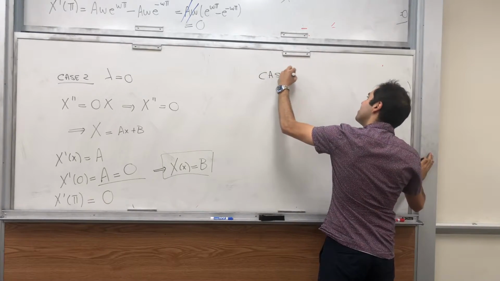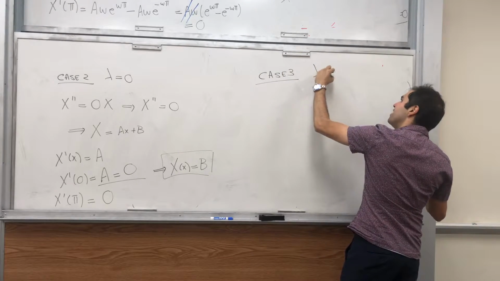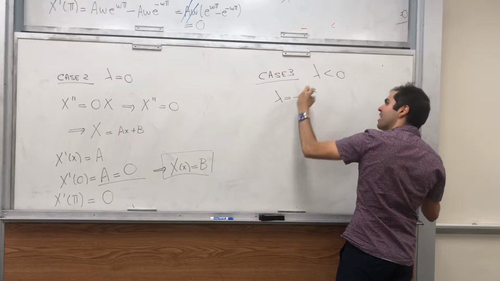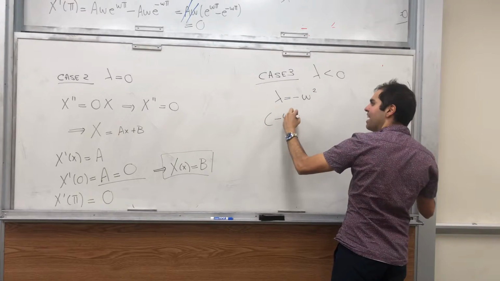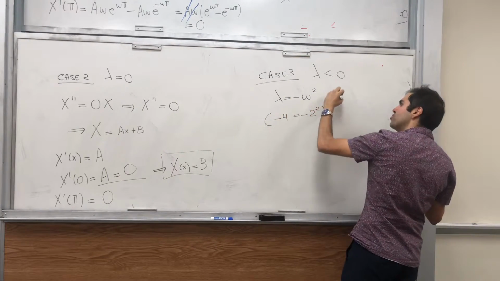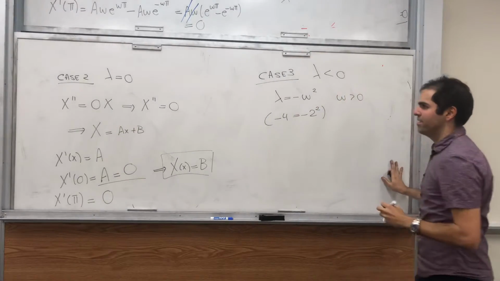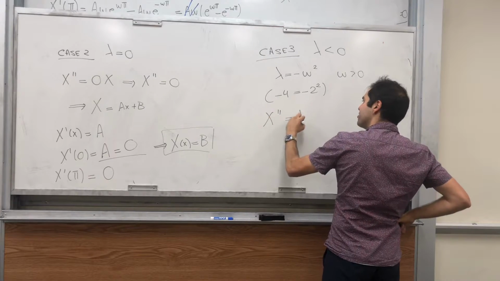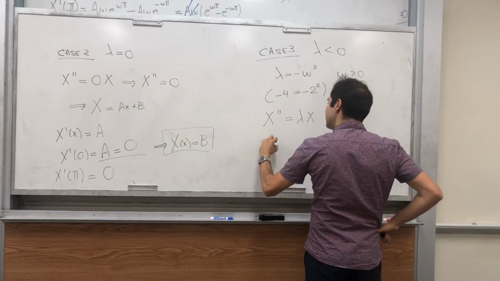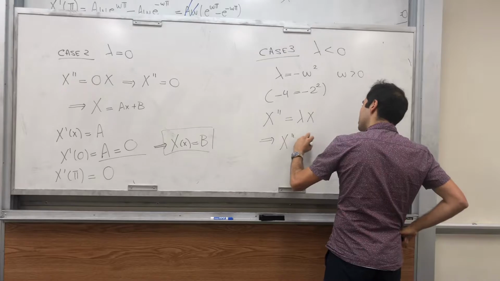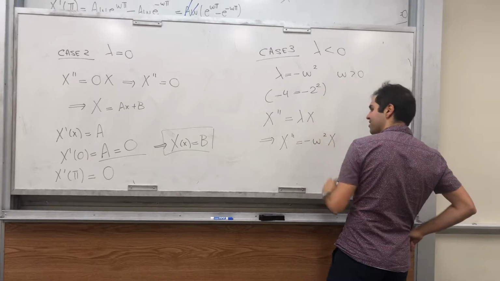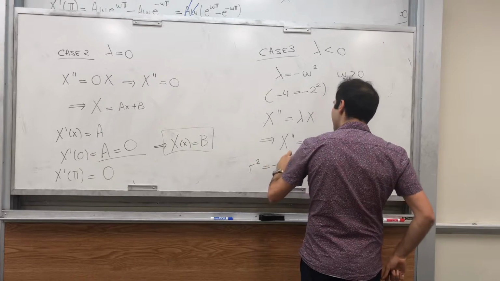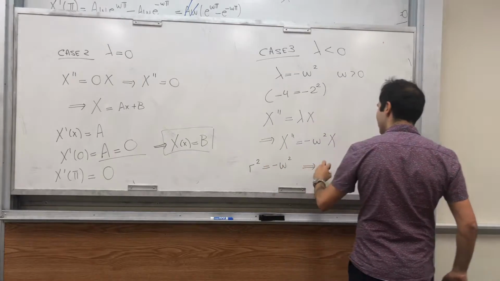Third case, lambda negative. Then similarly, we can write lambda is minus omega squared, things like minus 4, it's minus 2 squared, for omega positive. Then X double prime equals lambda X implies X double prime equals minus omega squared X. With auxiliary equation, r squared equals minus omega squared.